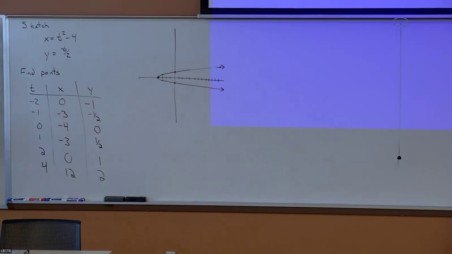So here we have a set of parametric equations. We could plug in values for t, and then those values correspond to points on the graph.